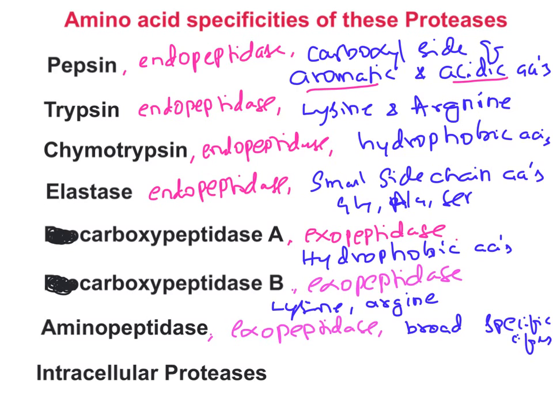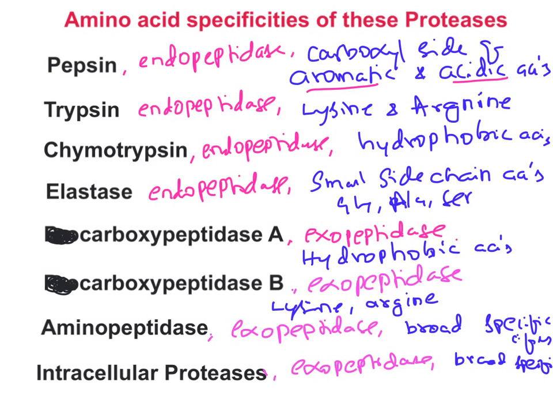Then we have intracellular proteases. Again, they are exopeptidases. They will be acting on di and tripeptides, and again they have broad specificities. So like this we have all these active proteases.